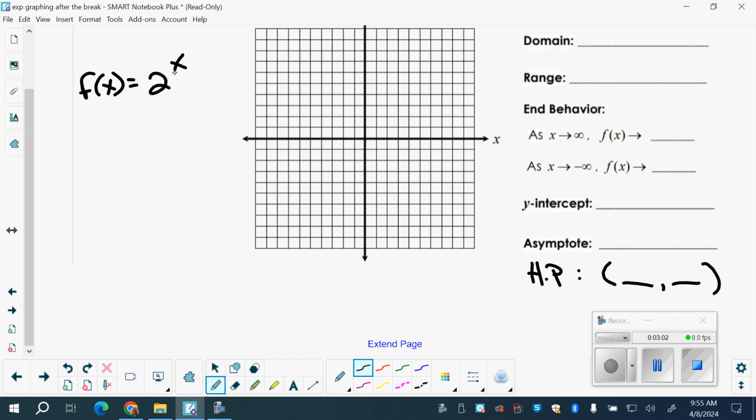First thing I want you to do, I want you to rewrite these problems. And the way I want you to rewrite them is this way. Y equals, I like y, you don't have to have y. But here's what. We're going to have space dot space plus space. Now, I got this guy, 2 to the x.